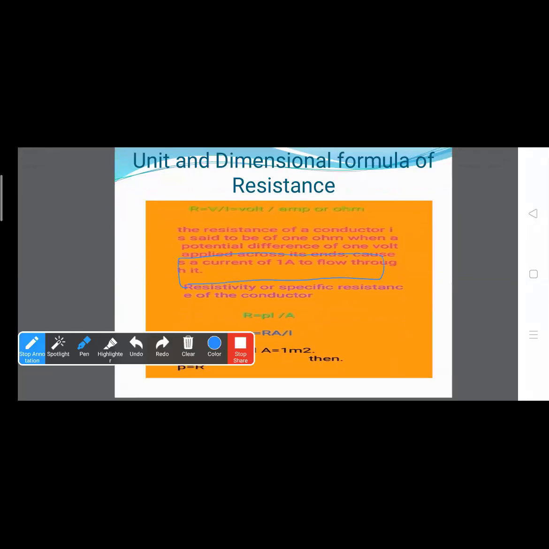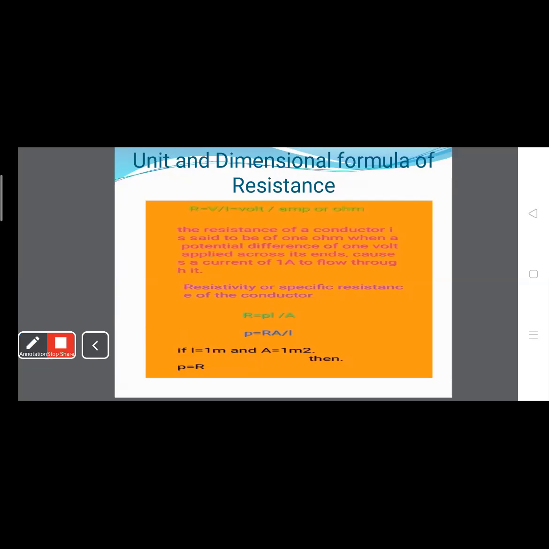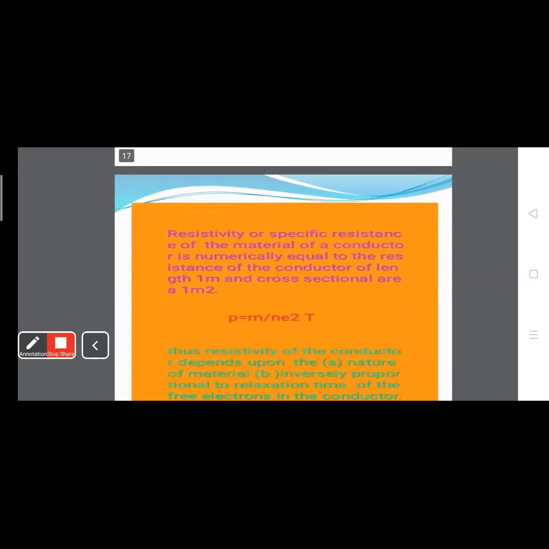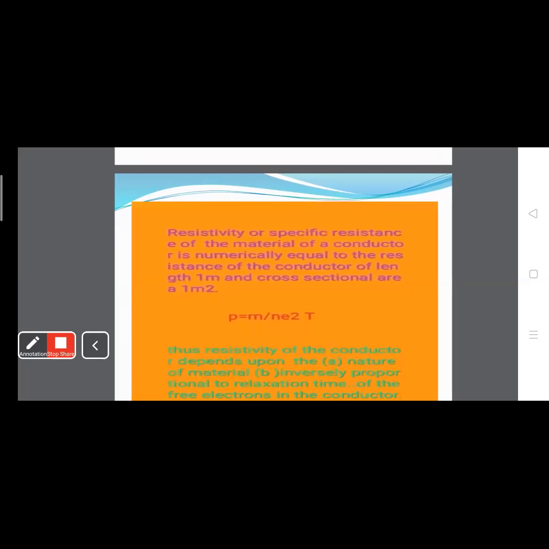From the formula we know that R equals rho L upon A. So we can write rho equals R A upon L. If L is 1 meter and the area is 1 meter square, then we find that rho equals R. Clear? So resistivity, where we already know that rho is the resistivity.